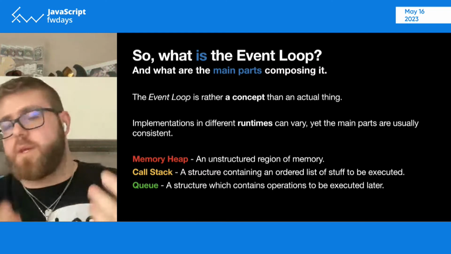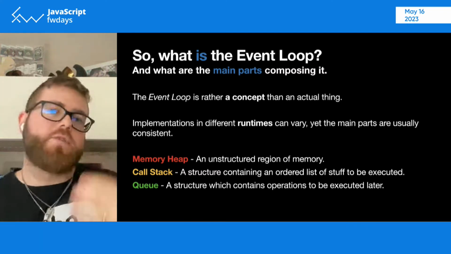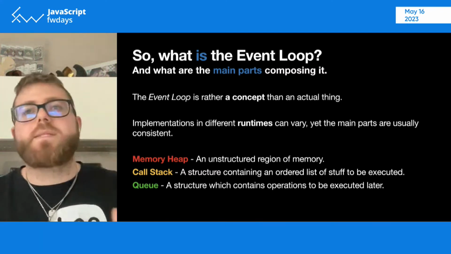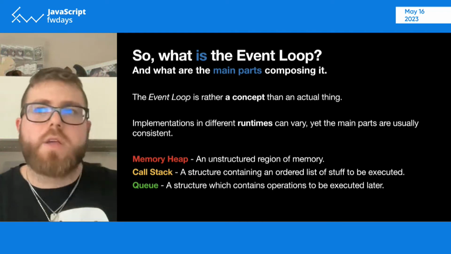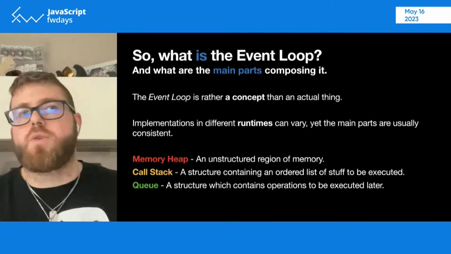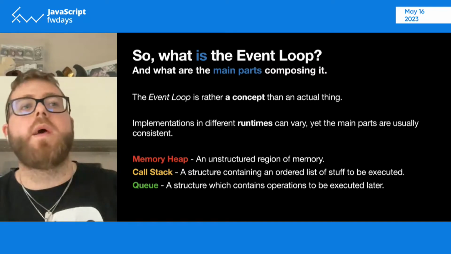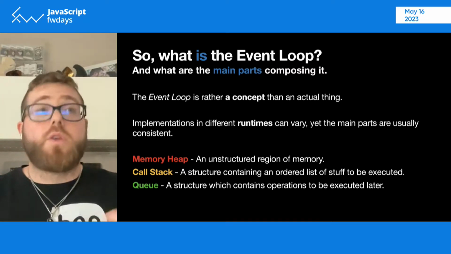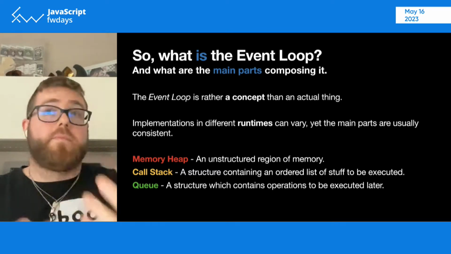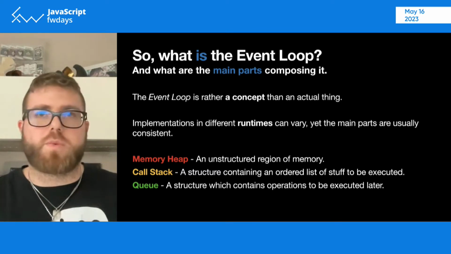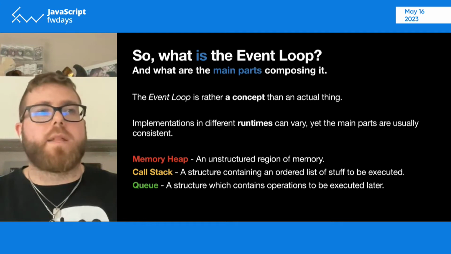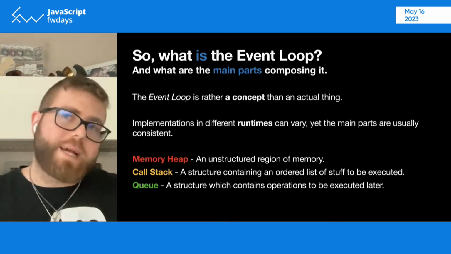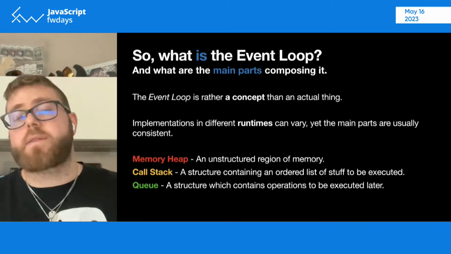Then we have the stack, or the call stack, which is the ordered list of operations to be executed. Being single-threaded and non-concurrent, JavaScript can grant predictable execution steps, and we will talk about it in a second, just following the first in, first out model in the call stack. Queues: as we said, we have two queues mainly in the implementations we are looking at, the micro and the macro, and our list of callbacks waiting for their time to be executed.